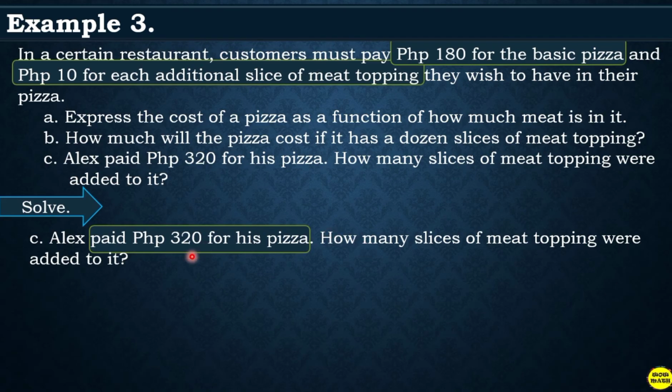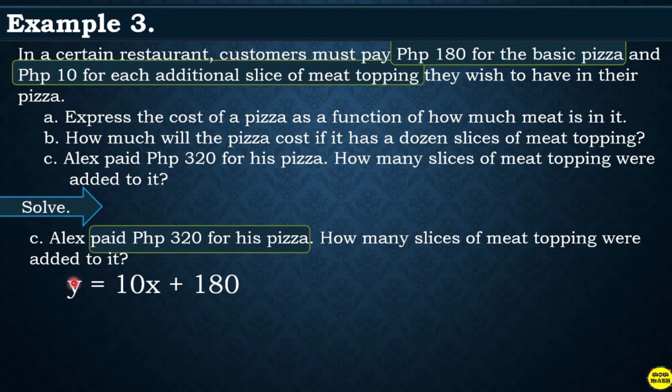Okay? So, binigay yung total cost. Ang aalamin natin ngayon, bakit ito yung total cost? Ilan ba yung pina-add niya? 180 lang yung basic pizza. Okay? So, pwede pa rin natin gamitin yung equation. So, y is equal to 10x plus 180. Now, since yung y natin is the total cost, diba?